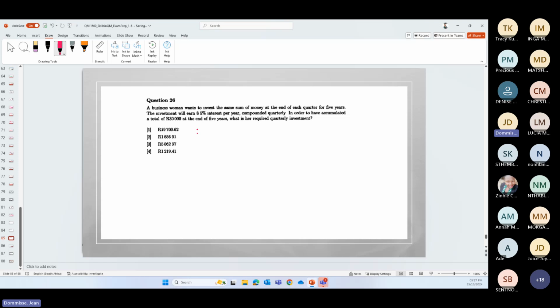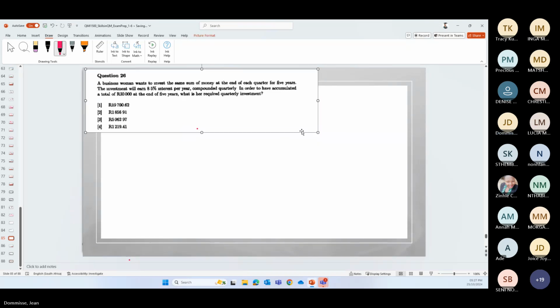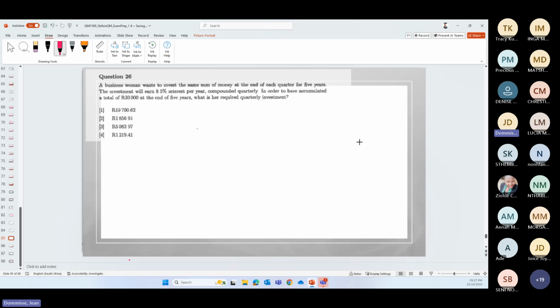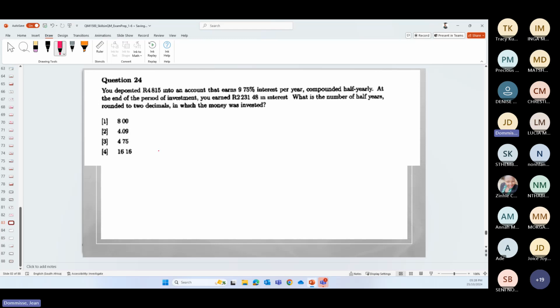Let's just see. Most of this is interest calculations. So I will check for something else that we can put in here.